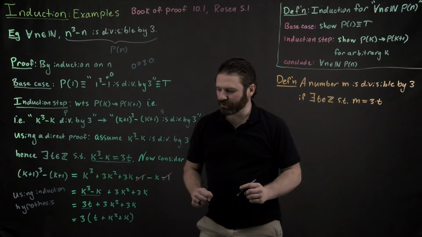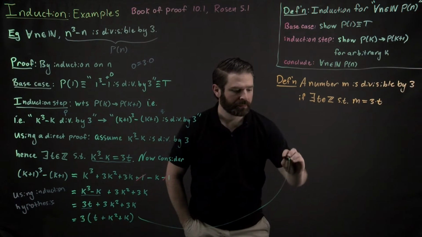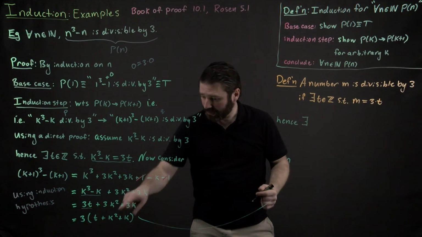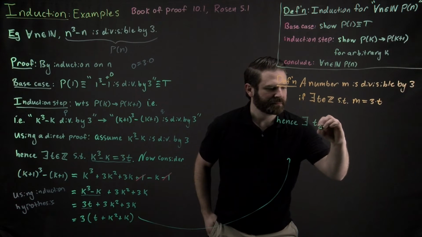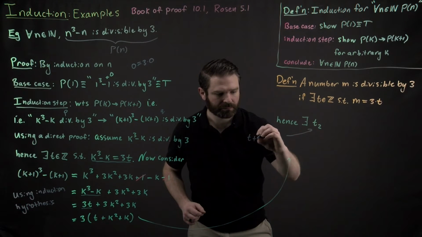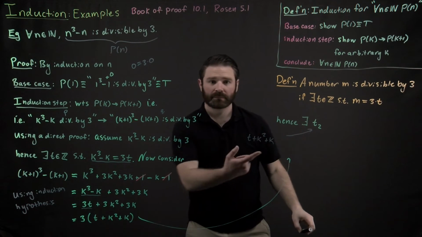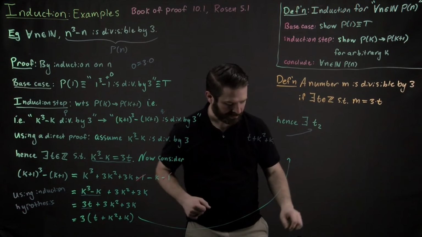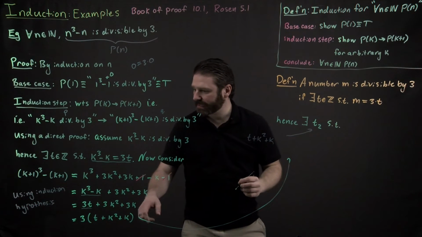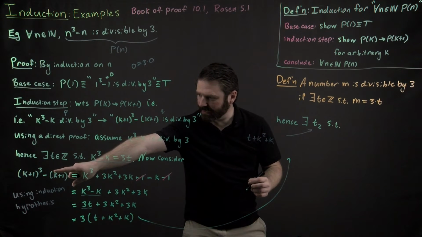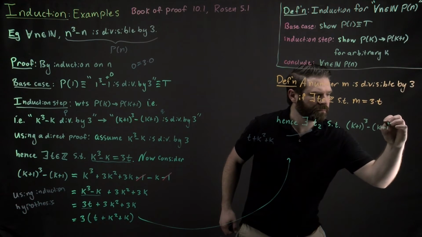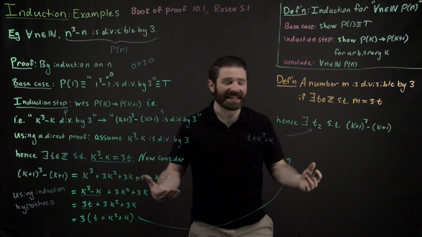So what I've been able to do is show there exists some number, that number right there, and we'll make a note that that thing is t plus k squared plus k, such that that left-hand side is equal to 3 times it.